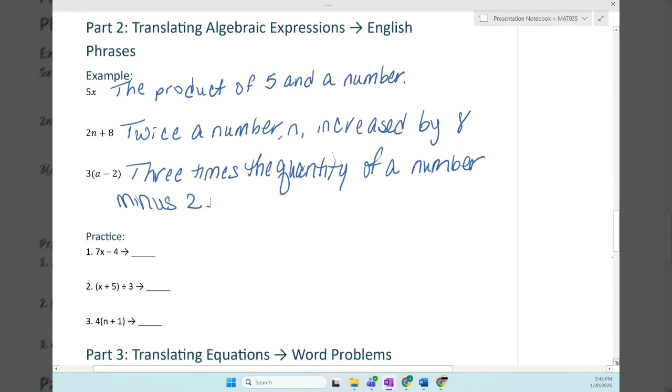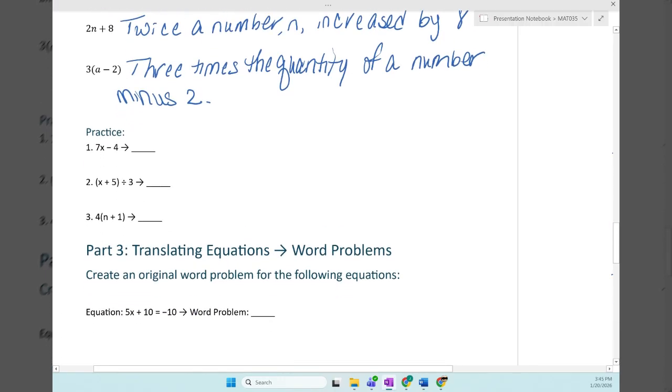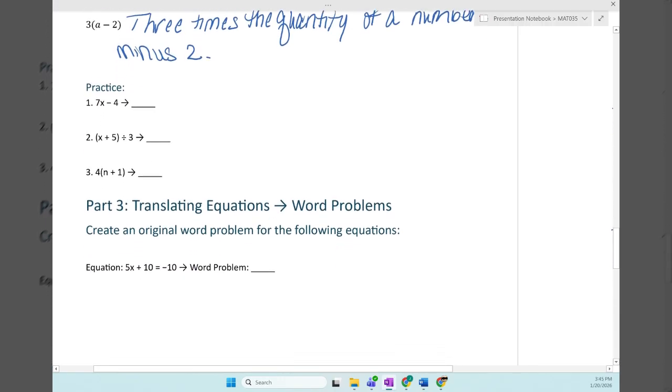So we have a couple more examples here to practice. Take just a minute and work through these three and post your answers. All right, so let's see. This first one, maybe I would say 7 times a number less 4.